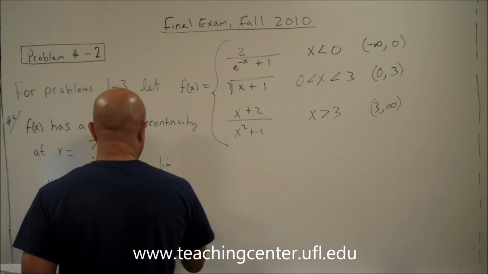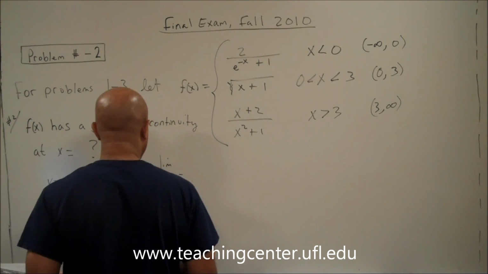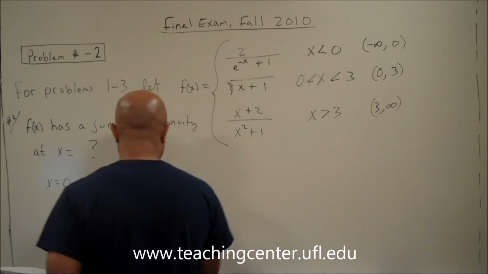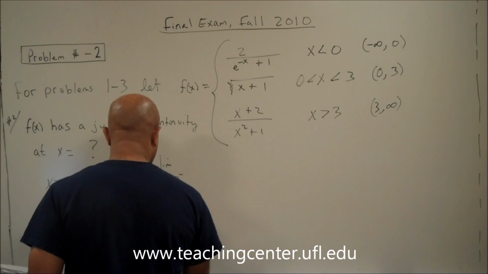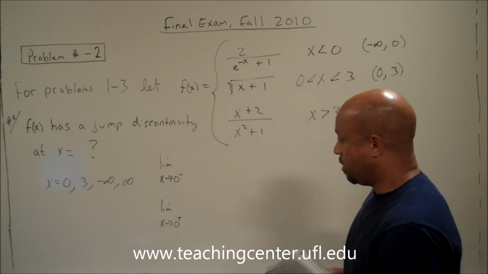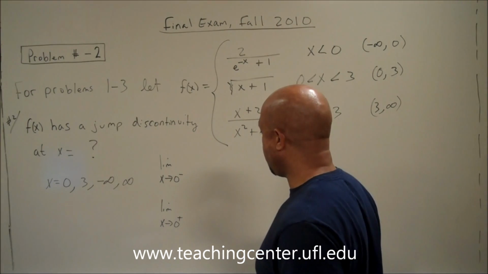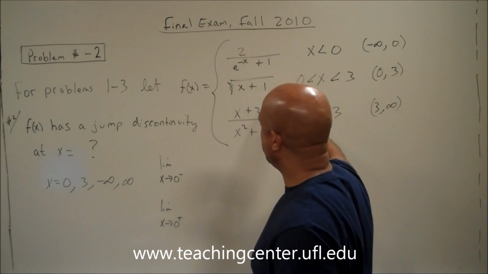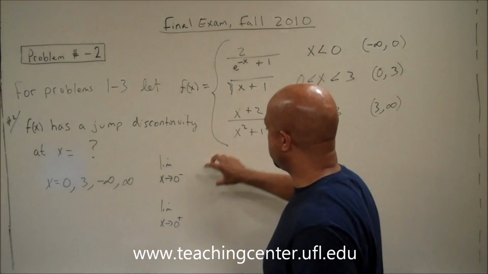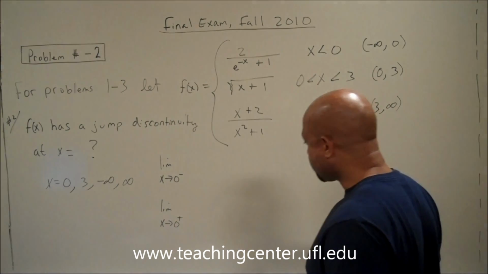So let's do the first one: the limit as x approaches 0 from the left, and the limit as x approaches 0 from the right. Now, the only thing we have to do is determine which part of this complex function we need to put in as the limit that we're trying to evaluate.